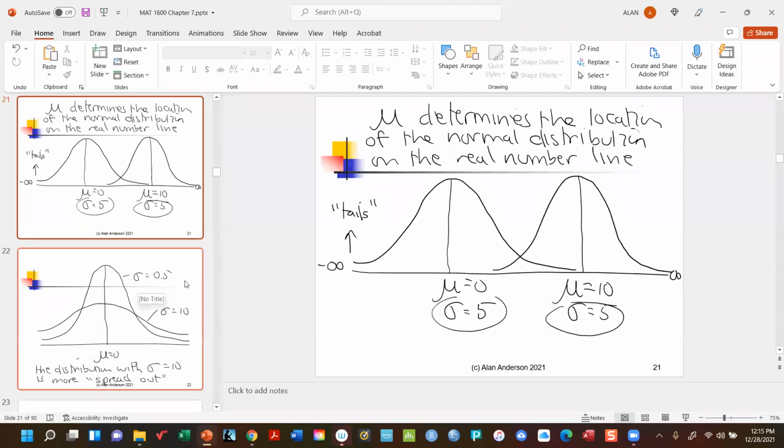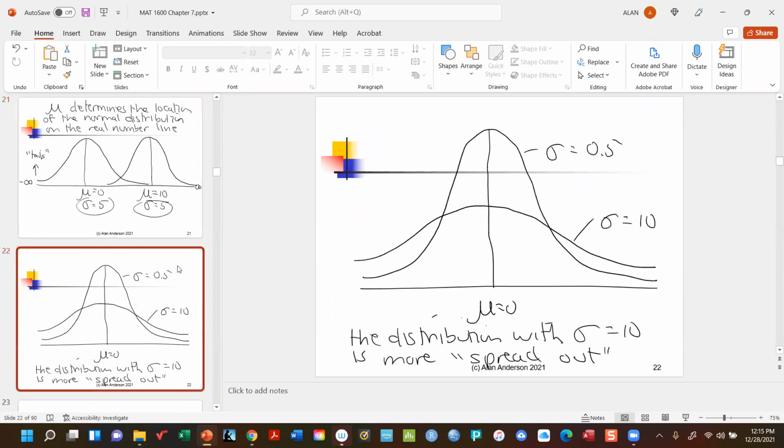Now over here on the next graph, we're going to see the opposite. We'll have two curves with the same mean, but two different standard deviations. Okay, and so you see what's different now. They're in the same location, but the first curve, the tall one, has a very small standard deviation, and the very flat one has a very high standard deviation.